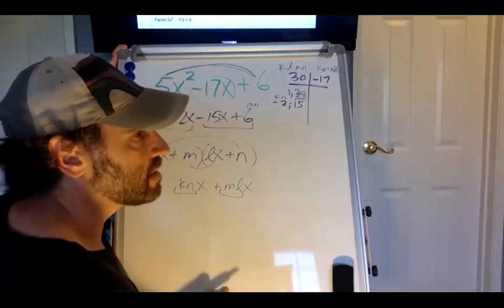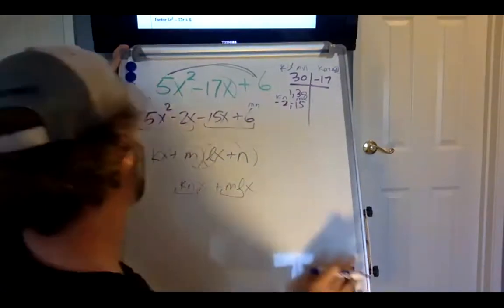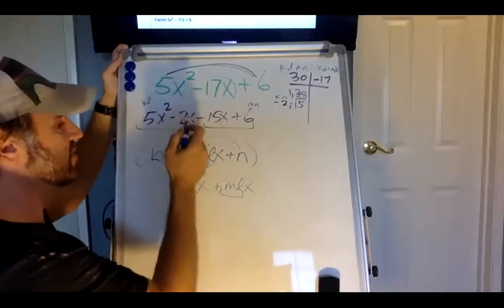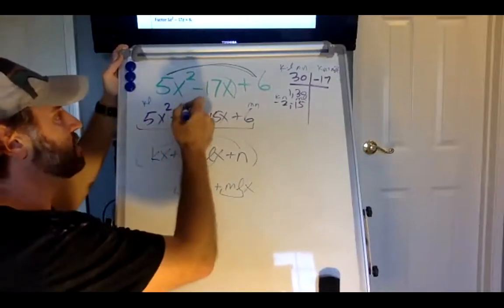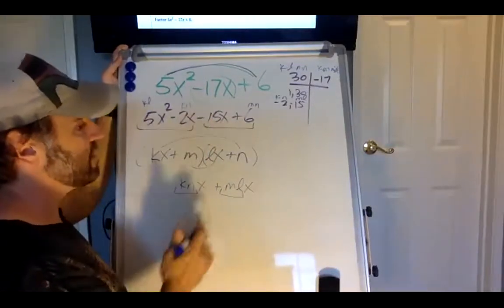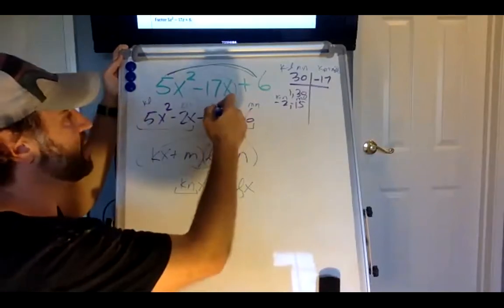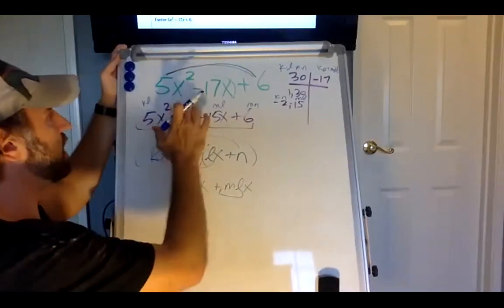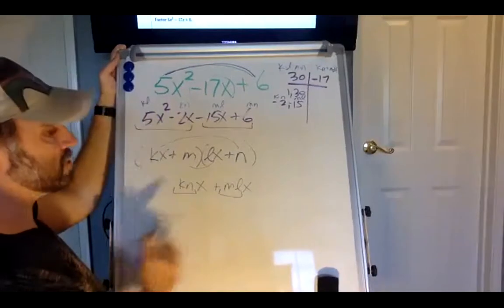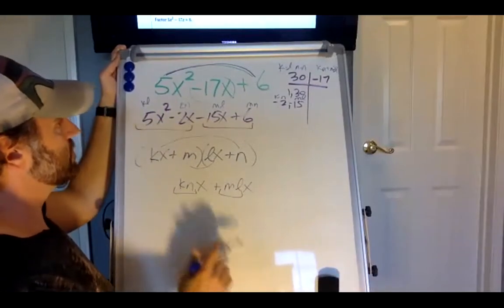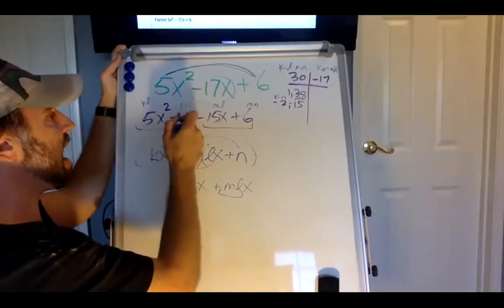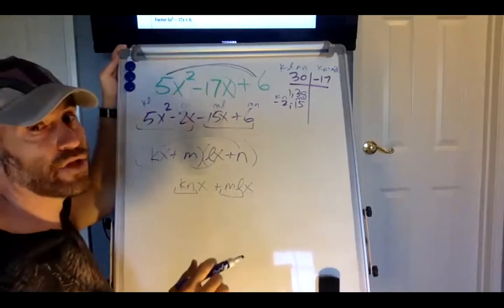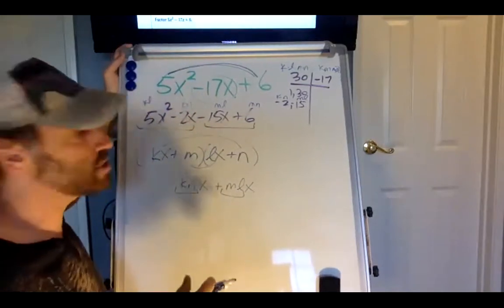So how do you find K? Okay, let's go back to that. Well, I know that the -2, I'm going to say that that's the KN, right? And the -15 is the ML. Okay, what's in common with the first and third terms, because KL and ML have... Let me finish my thought.